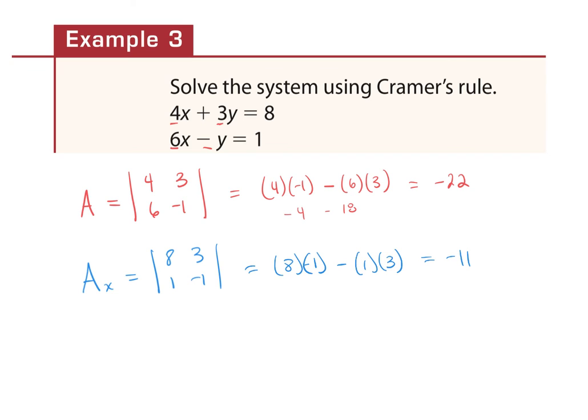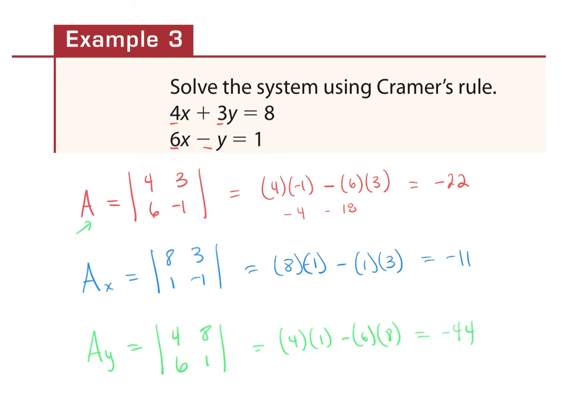Then I'm going to do the same exact thing with my y column. So now I'm going to take this guy, my original. I'm going to leave my x column alone. And I'm going to replace my y column with an 8 and a 1. And now I'm going to do another determinant. 4 times 1 minus 6 times 8. So that gives me 4 minus 48, negative 44.